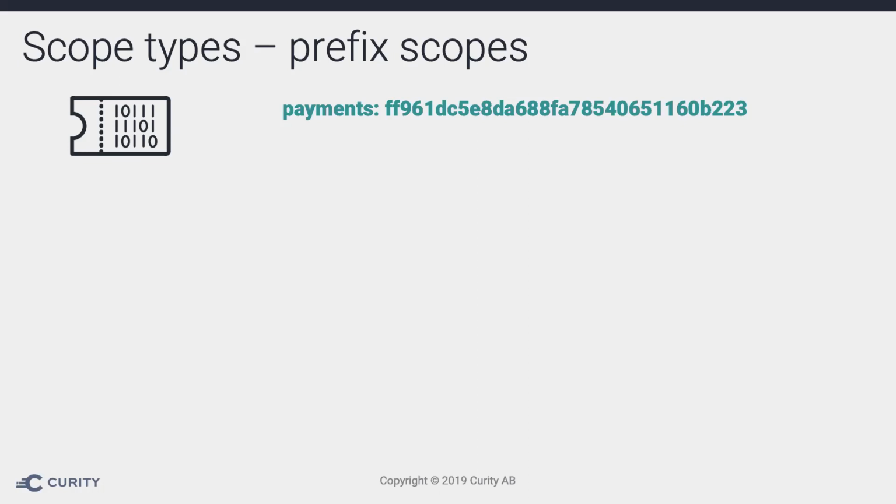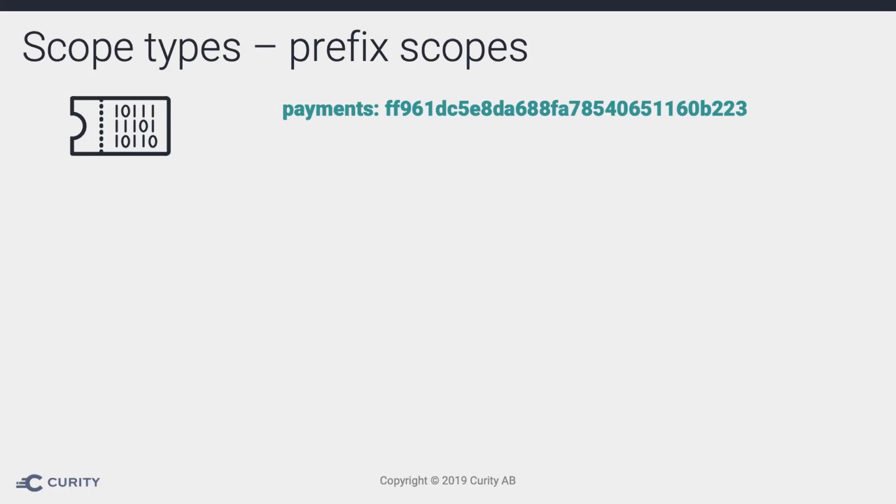If we had only these static strings, then the client asking for the payment scopes would mean I would authorize all future payments, since I've already got access to the payment scope. But using this prefix scope means that I grant the client the ability to perform this specific ID of my payment.